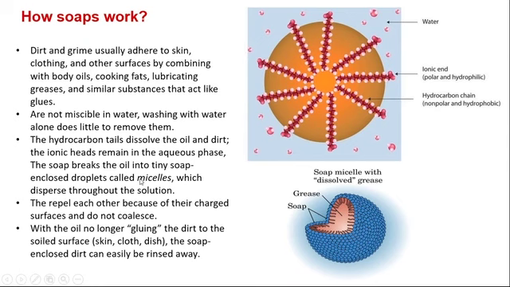All the hydrophobic tails go in, and they take the dirt along with them, and the water will now be attracted to the sodium which is outside, and it will get washed away. So no longer will the oil or the dirt be glued to your clothes also. So basically, soaps act as emulsifiers.